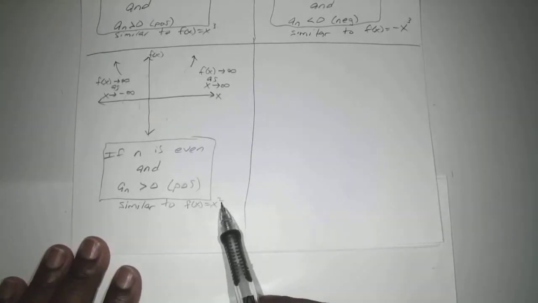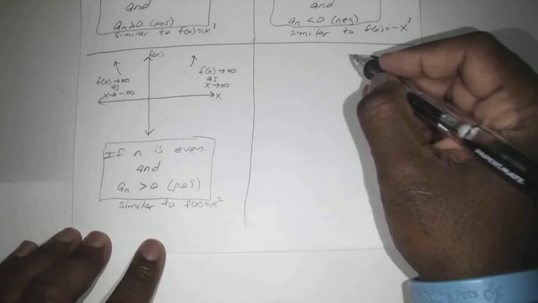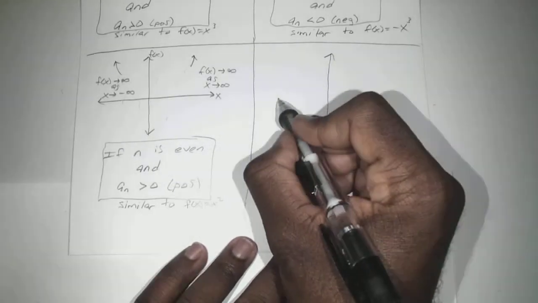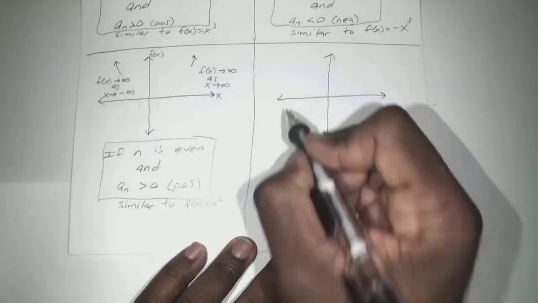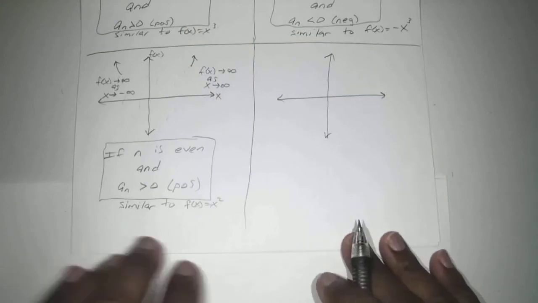You have an even exponent and a positive coefficient. Okay, same thing if you multiply by negative 1.